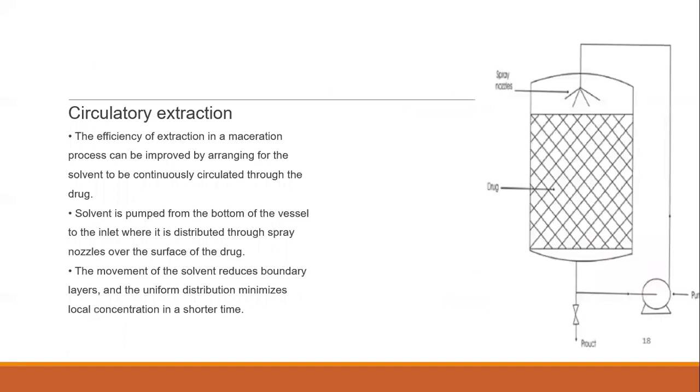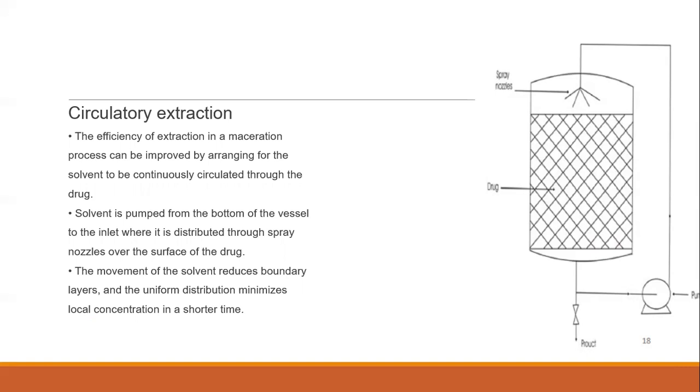Circulatory extraction. What is circulatory extraction? The efficiency of extraction in a maceration process can be improved by arranging for the solvent to be continuously circulated through the drug. We can improve the process of maceration this way.